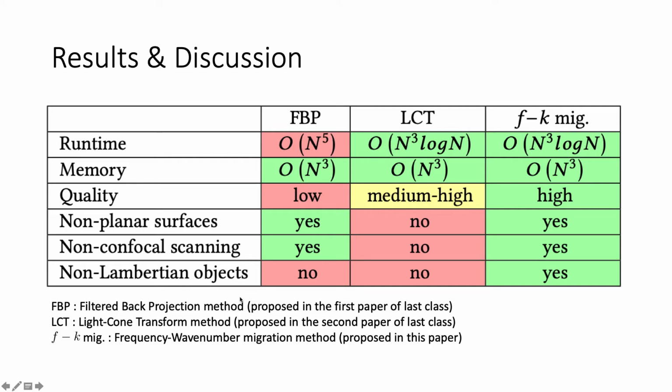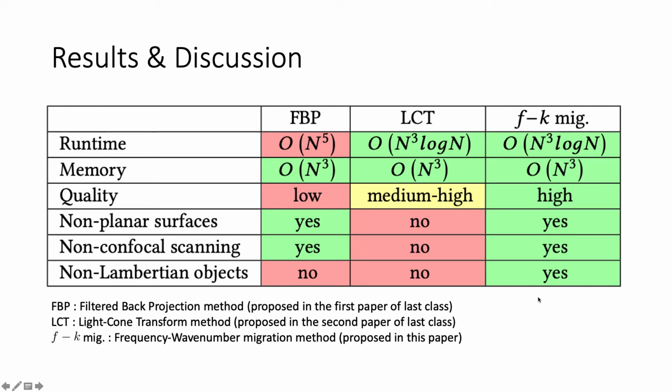At the end of this paper, we analyze some of its pros and cons. We can see from the table that the proposed FK migration algorithm is fast, robust to non-Lambertian reflectance properties, and could produce high-quality reconstructions for non-planar sampling surfaces.